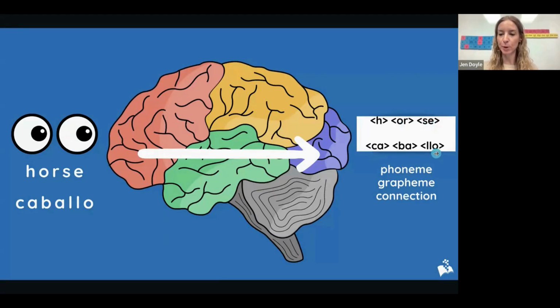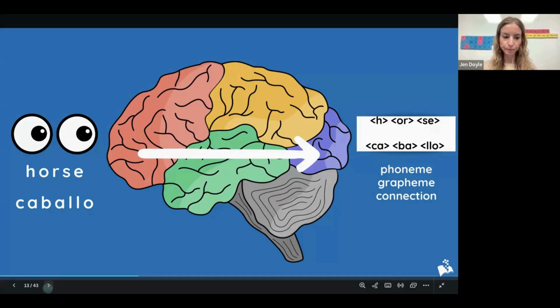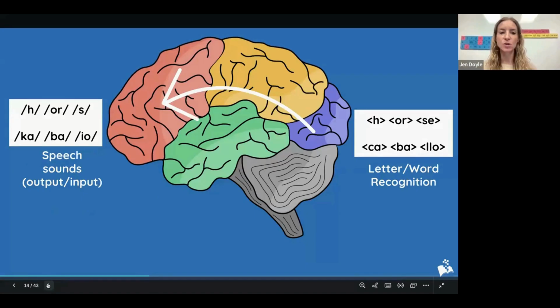And in Spanish, it's broken up here in syllables, caballo. So that's the way that connection works, our visual sees those letters and lines and shapes. We are thinking about it in terms of the phonemes and graphemes. And we're connecting the speech sounds to the letters.